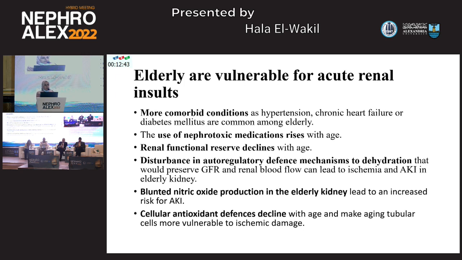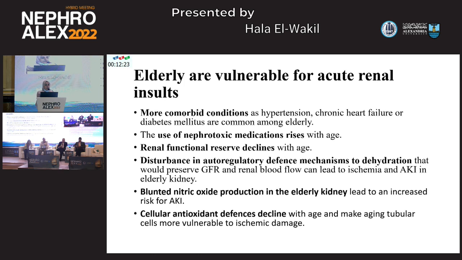Why are elderly people vulnerable to acute kidney insults? Because they have more comorbid conditions like hypertension, heart failure, and diabetes. They are more users of nephrotoxic medications. The renal functional reserve declines with age, as Professor Salah Naga mentioned last year.